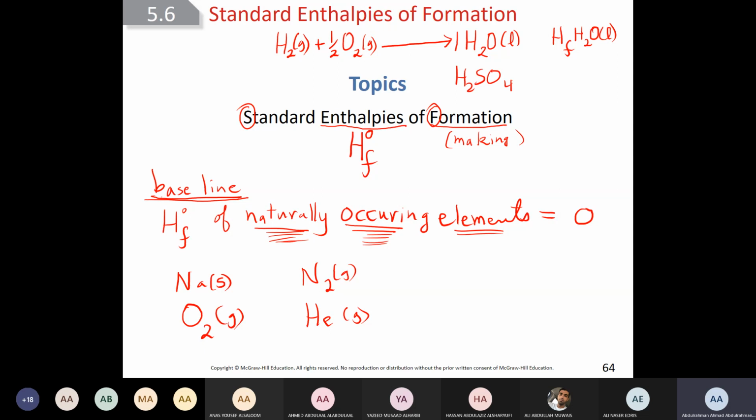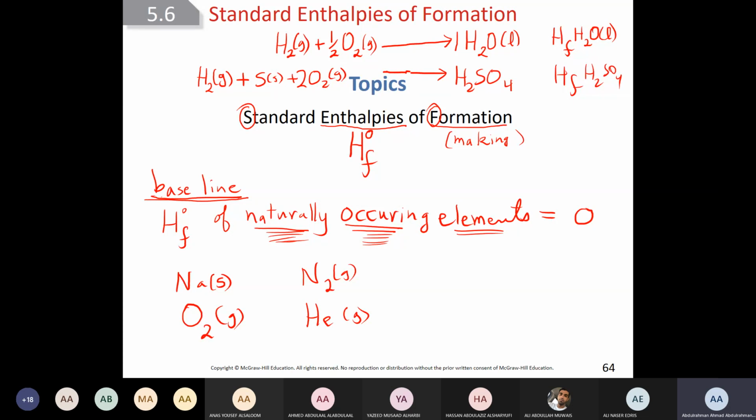That's why if I want to make H2SO4, what's the heat of formation of H2SO4? How can I do it? I have to make a reaction. H2 gas plus S solid plus 2O2 gas, and I have to multiply it by 2.